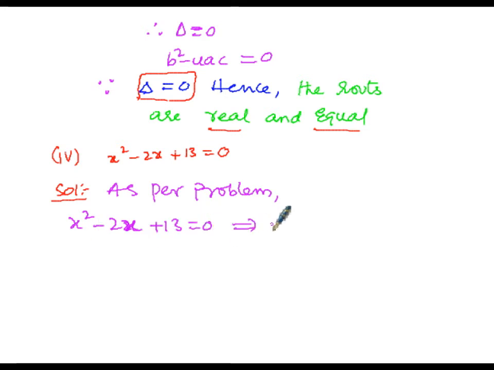Since this is a quadratic equation, the general form of a quadratic equation is ax square plus bx plus c. So this is the general form.